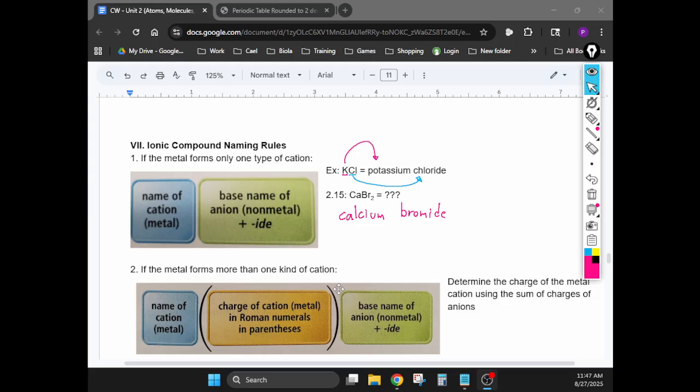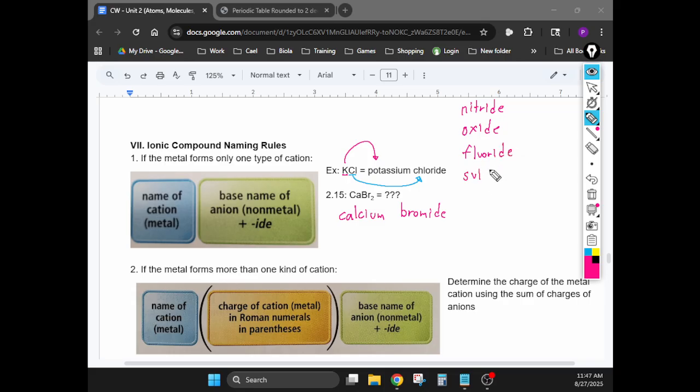Now, some of the -ide endings are a little bit different. I want to go over them with you so that you have them available and you're not guessing. You don't really need to memorize this, and if you make a small mistake, I really won't care. But nitrogen turns into nitride. Oxygen turns into oxide. Fluorine turns into fluoride.